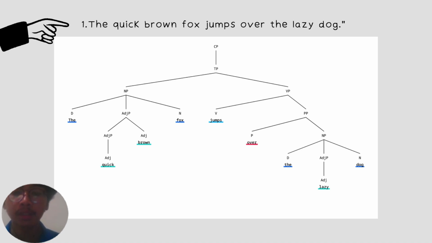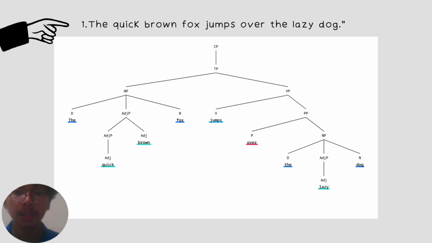The sentence is divided into noun phrase and verb phrase. The noun phrase is divided into 3. The first one is determiner, the, and the second one is adjective phrase, which becomes quick and brown, and then the noun fox.